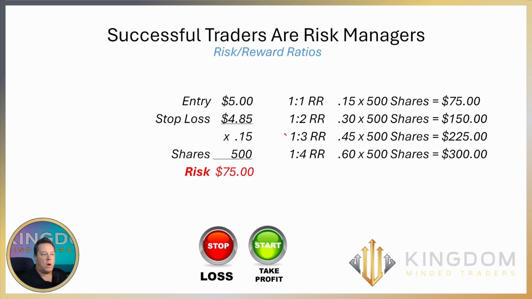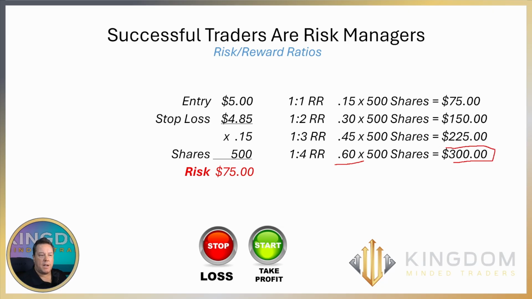If we have a 1-to-3 risk to reward, so we risk $1 to make 3, that means we've gained 45 cents per share at 500 shares. We made on one trade $225. And again, if you increase that to a 1-to-4 risk to reward, that means we're making 60 cents per share.